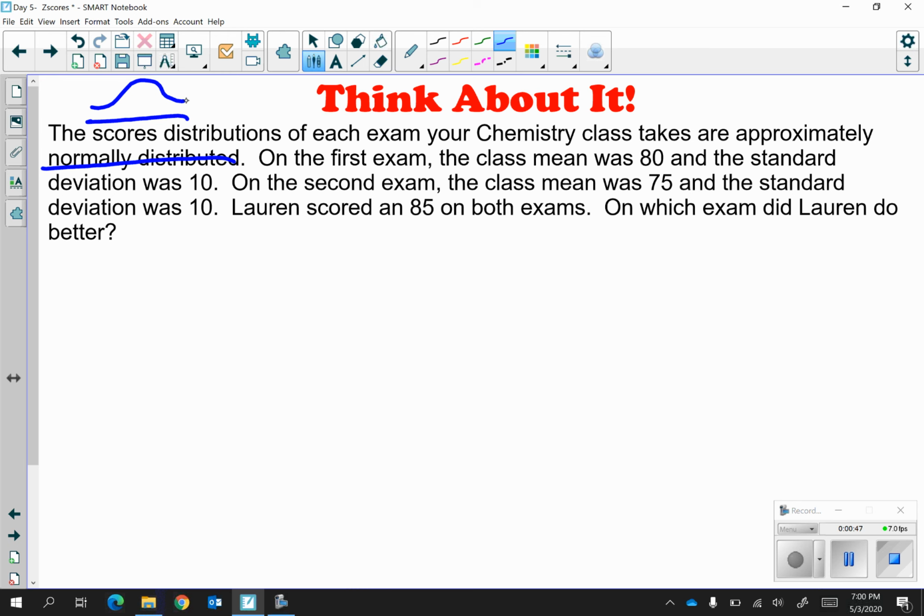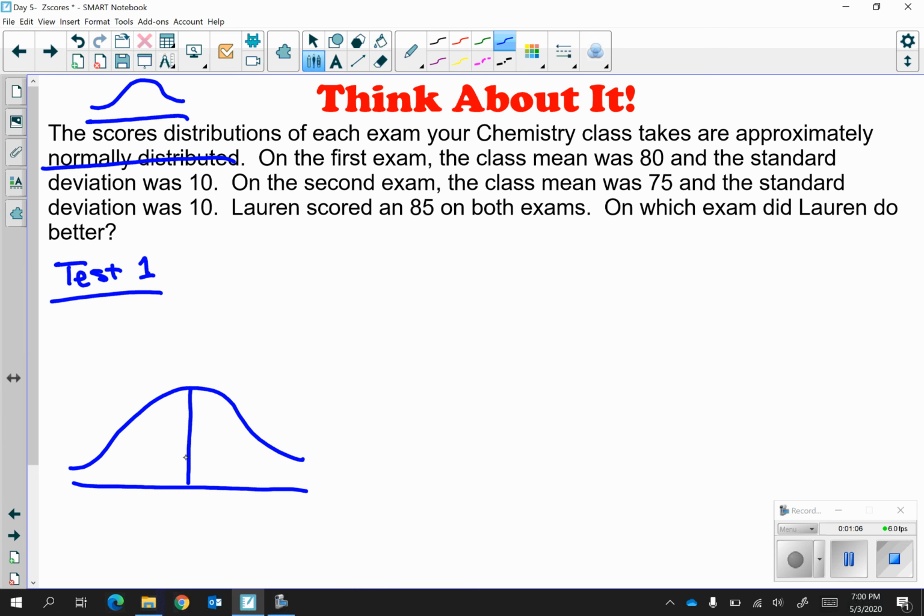Now, in order for us to actually get a good idea of what's going on, we should draw it out. So let's look at the first test. We have a normal distribution, which means that at the center of it, you have your average, which the problem said was 80. So that goes in the middle. Then the standard deviation is 10.